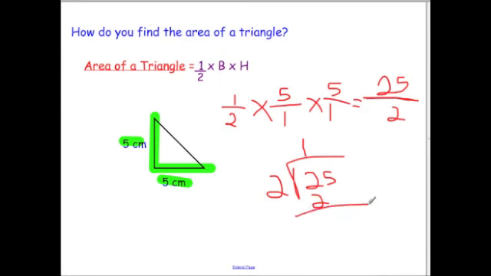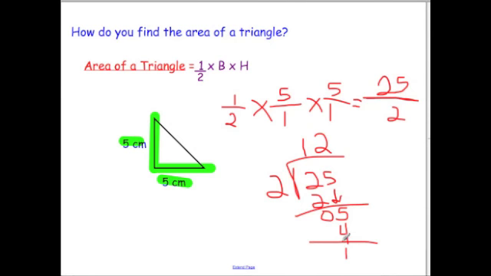We subtract, that gives us 0, and we bring down our 5. And 2 will go into 5 2 times. And 2 times 2 we know is 4. 5 minus 4 is 1, with a remainder of 1.